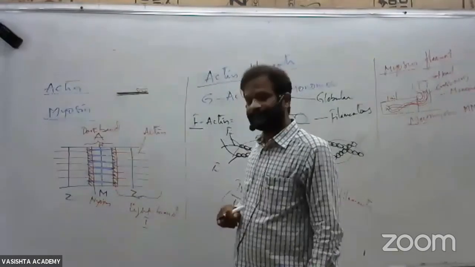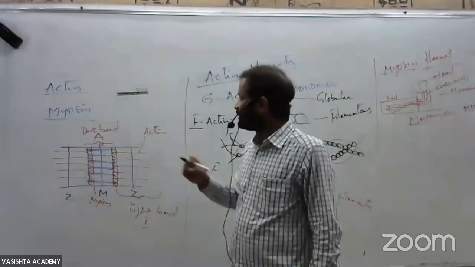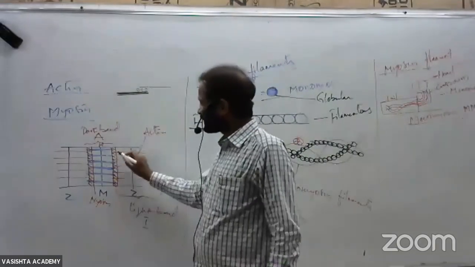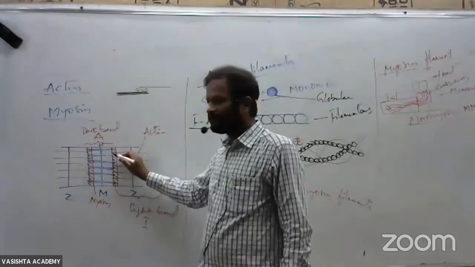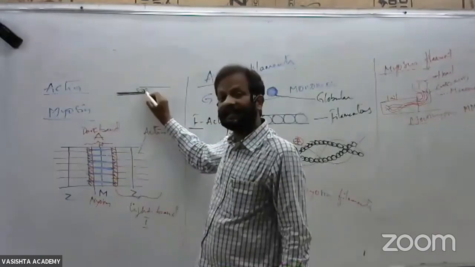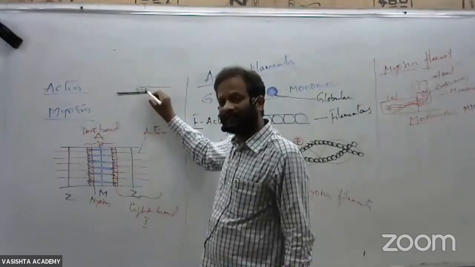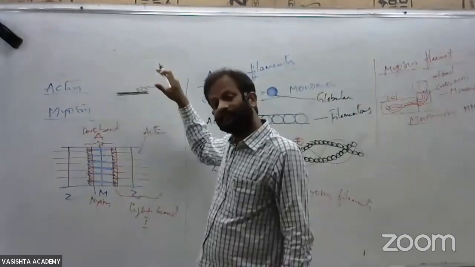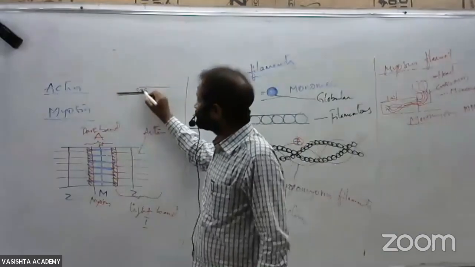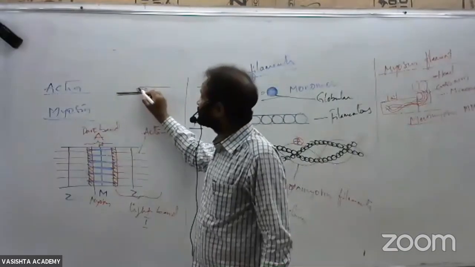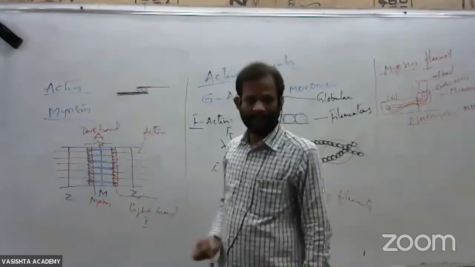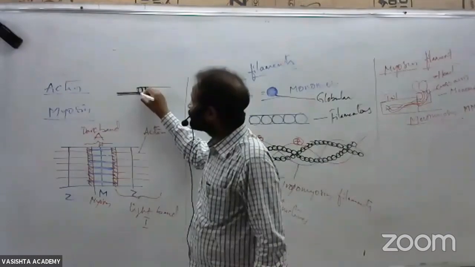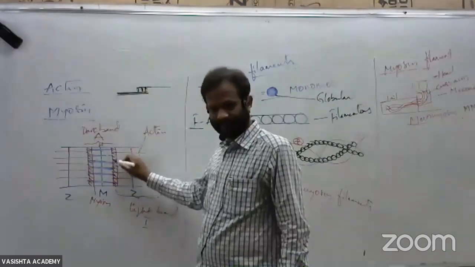At the time of muscle contraction, if this is the thick filament, up to this extent the actin filament is extended into the dark region. When the head of each meromyosin becomes active or exposed, energy must be available. At that time, this head will attach with the actin filament. As a result, one bridge forms between actin and myosin.